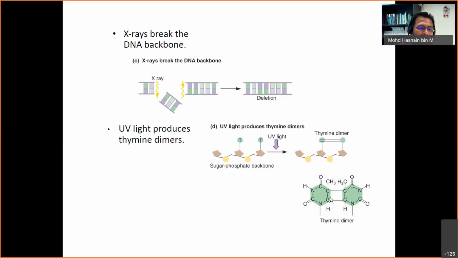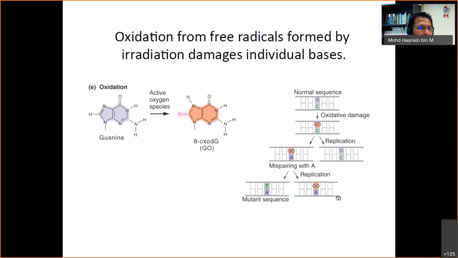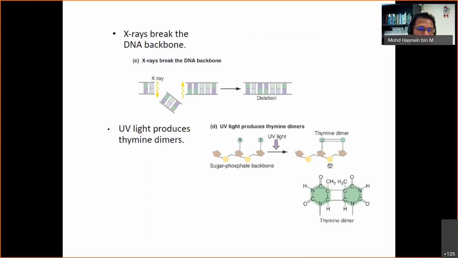So this is a dimer, and if it so happens that during this dimer, a replication is occurring, the DNA cannot recognize this, so they will just add in random nucleotides. So the new strand will have a different sequence compared to the original one. Okay, because for example, if there is no thymine dimer, this one will be AA over here, right?